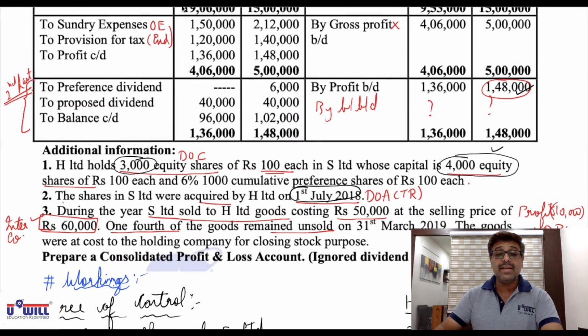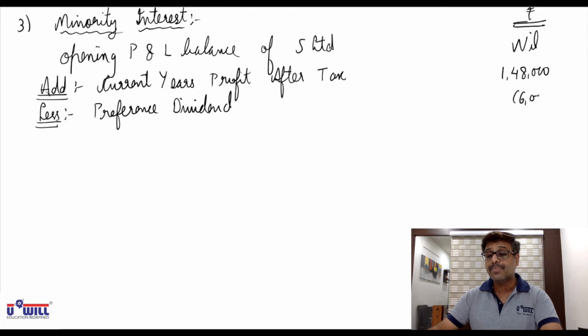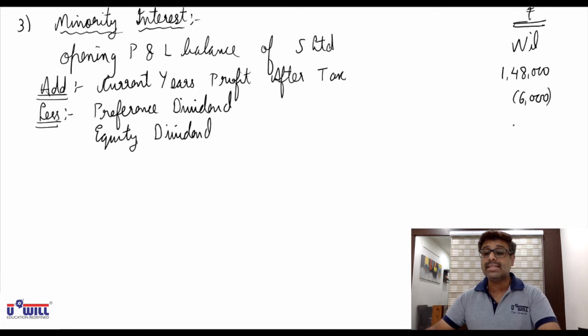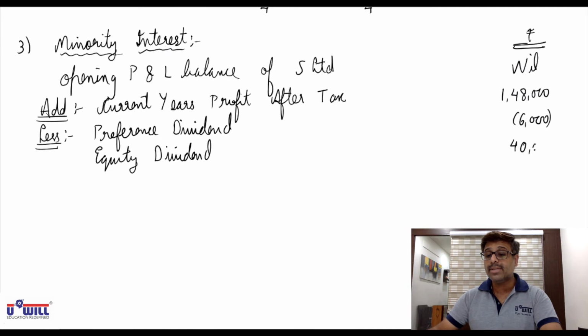What is the preference dividend we have to minus? See here of S Limited 6,000 and equity dividend 40,000. Both of these will be subtracted. Simple logic. Preference and equity dividend will be shown separately in the second part of P&L statement. So 1,48,000 minus 46,000 will be 1,02,000.